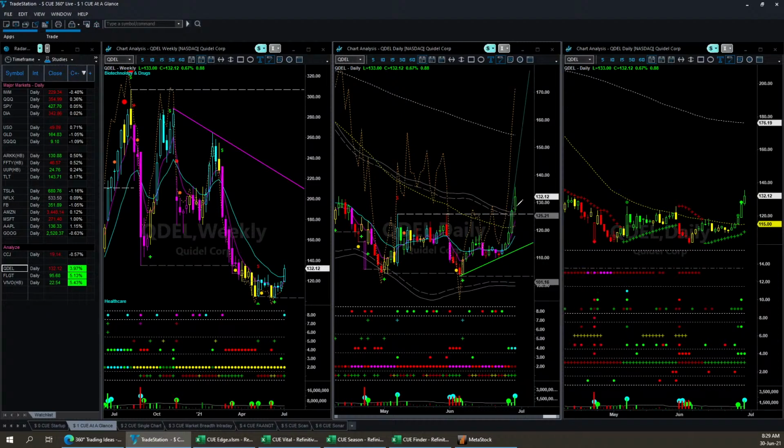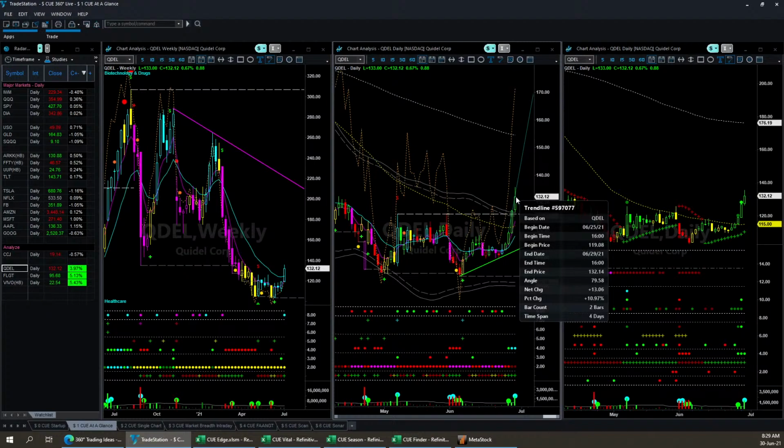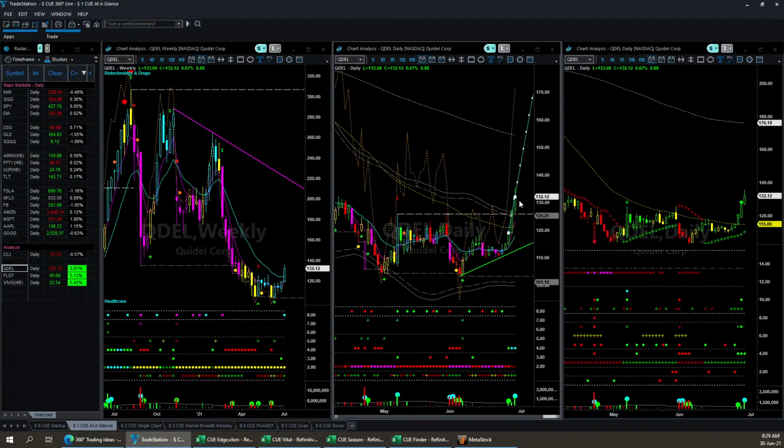It went up by more than 10% since Friday's close. So if you took a long trade at the time I took, then you already have 10% profit in the trade. If you look at the pattern now in the daily, it's looking like kind of cup and handle breakout.